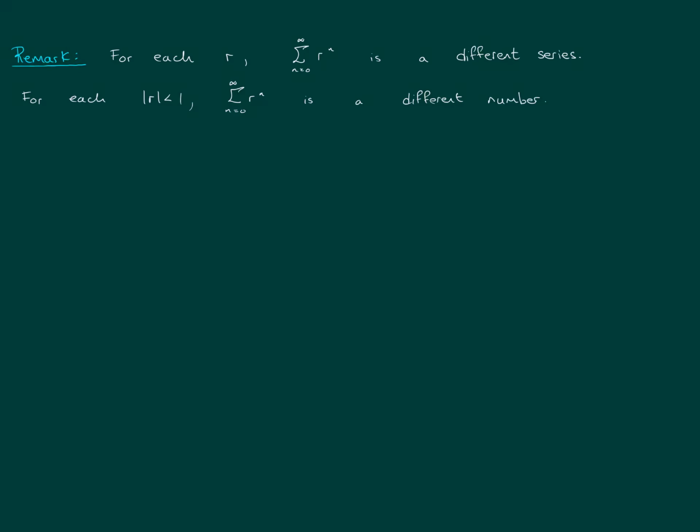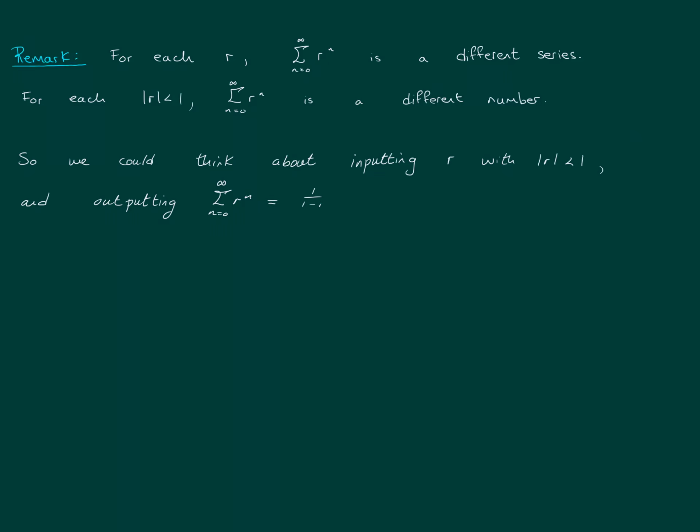Now, why am I mentioning this? We could think about inputting r, again with absolute value of r less than 1, and outputting this number, this series, the sum of r to the n.